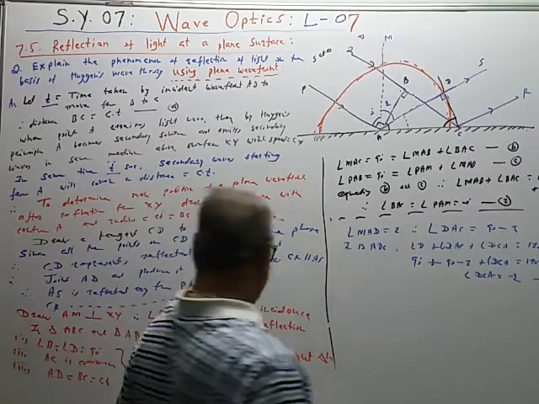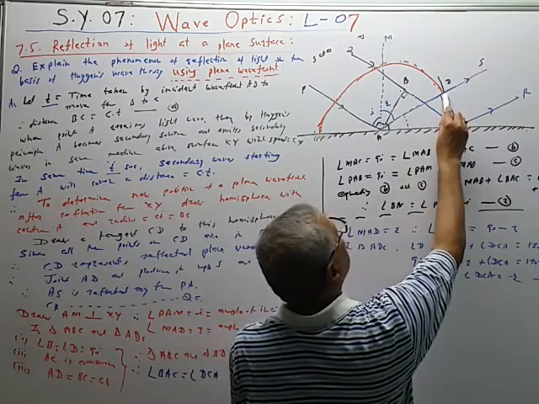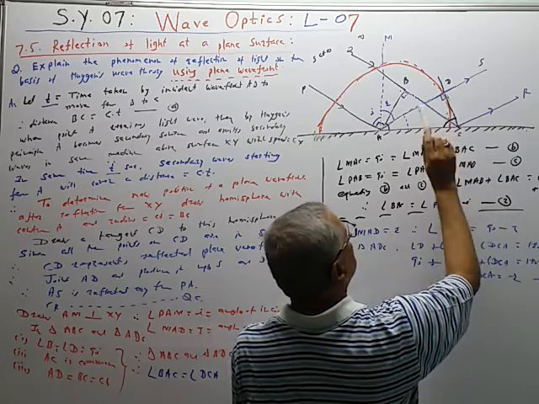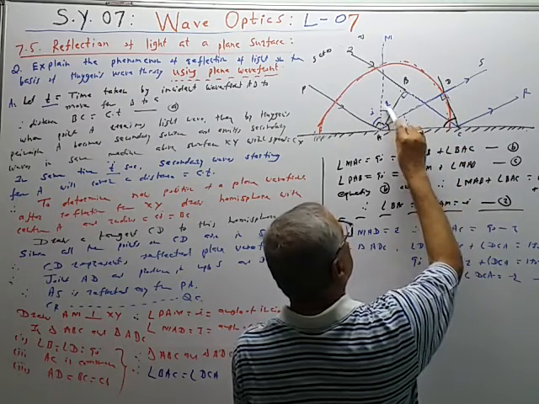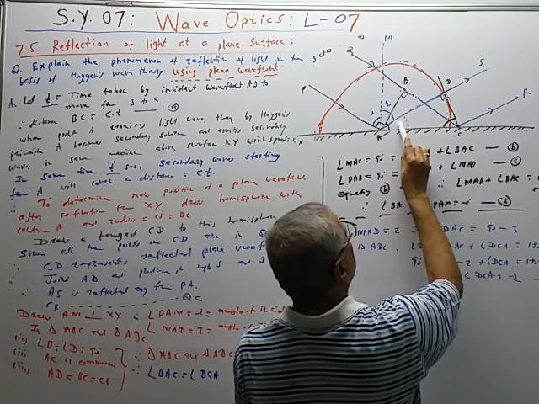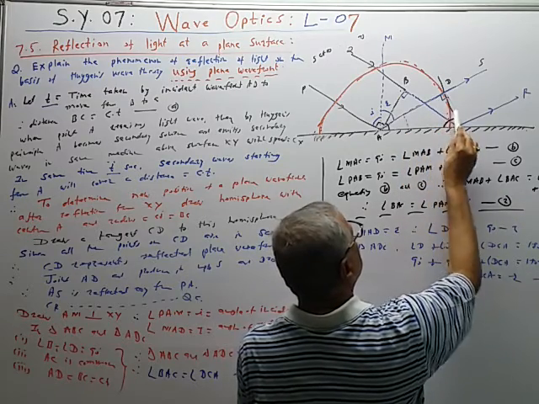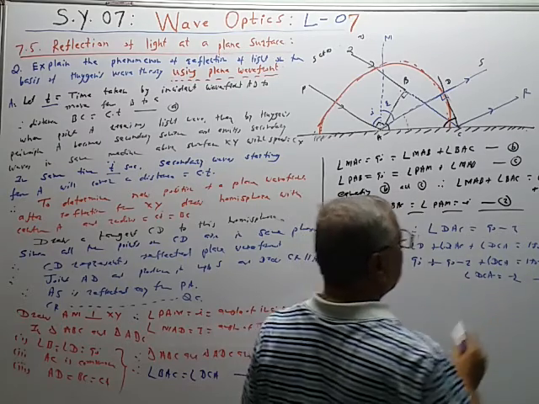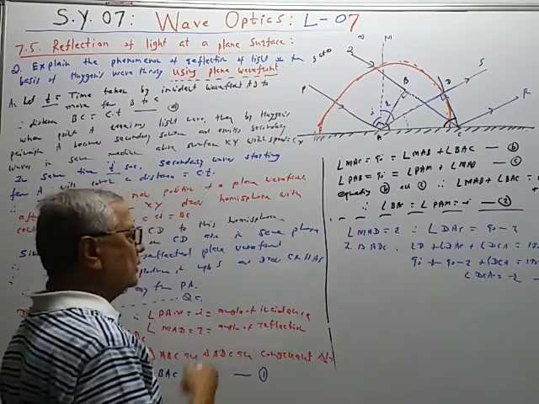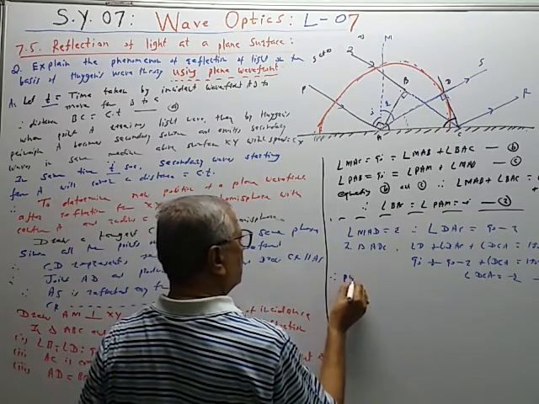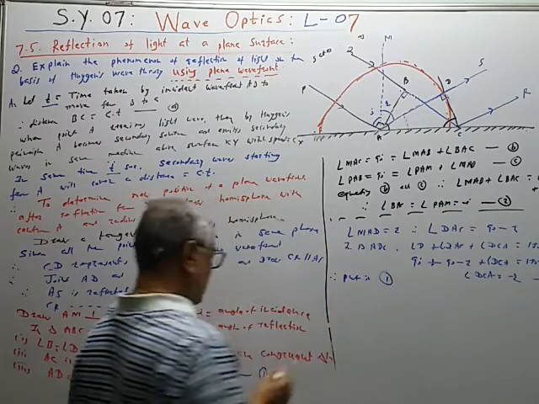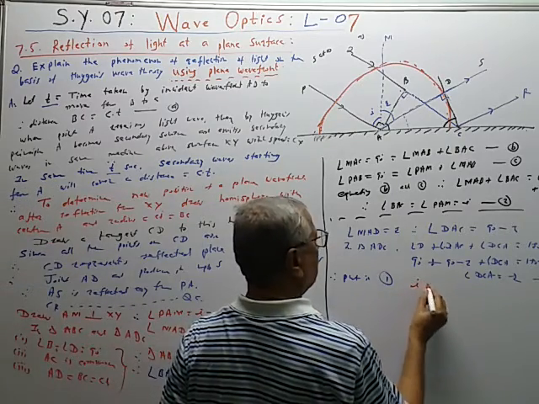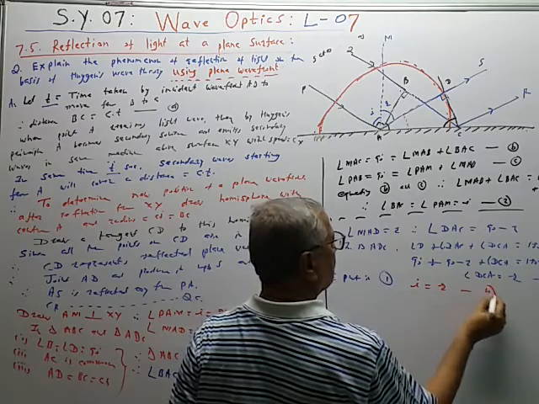आता DCA is equal to R आपल्याला प्रूव्ह करायचं आहे. So this angle is 90 degree. So the sum of these three angles is 180 degree. So this is R. Therefore this is 90 minus R. So 90 minus R plus 90 plus angle DCA is equal to 180 degree. So 90 plus 90, 180 will get cancelled. Therefore DCA is equal to R. Therefore I is equal to R. This is equation 4.